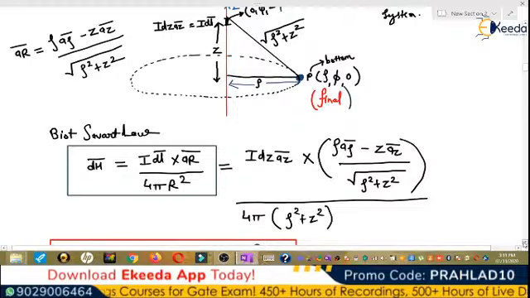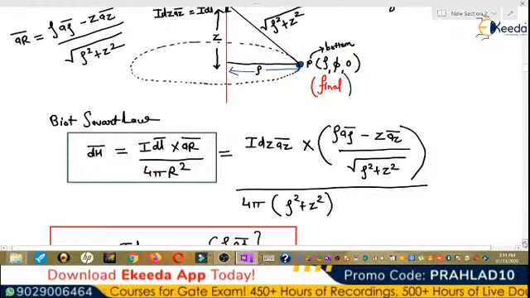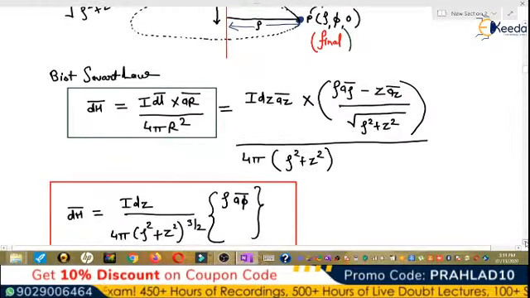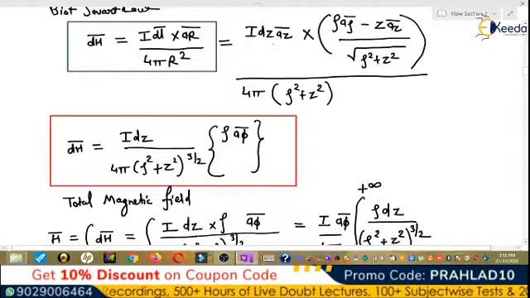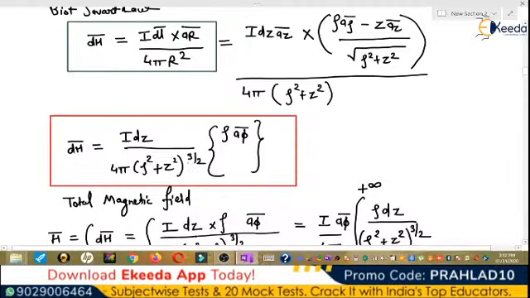When we take the cross product, az cross a rho is a phi, and az cross az is 0. So we get I dz by 4 pi (rho square plus z square) to the power of 3 by 2, times rho a phi.